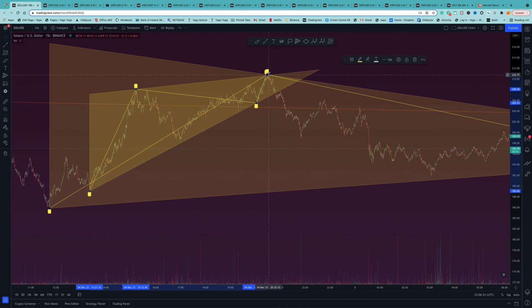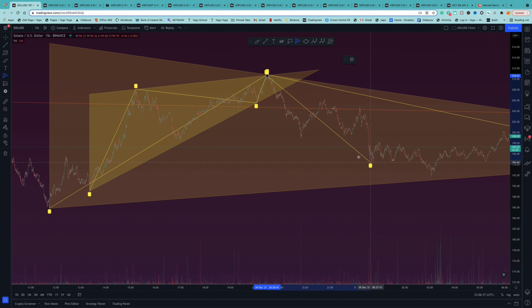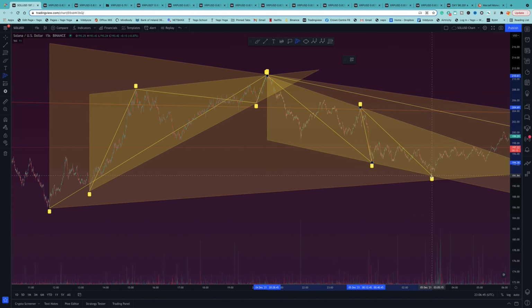Here's the peak, go in short, and then catch it on the way down. So here, top, bottom, top, and bottom.